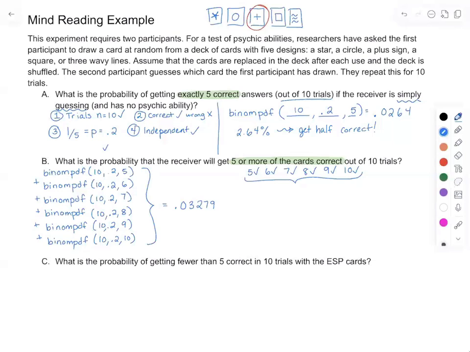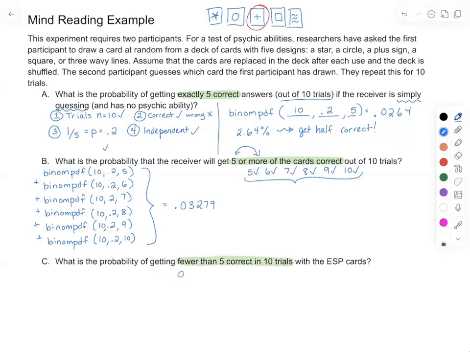Now, this third problem is really similar, and I'm not going to go through the whole thing like I did with this one, but I just want to point out that the language change is now fewer than 5 correct trials. Okay, so 5 or more was 5 and bigger. Fewer than 5 is all the numbers less than 5.